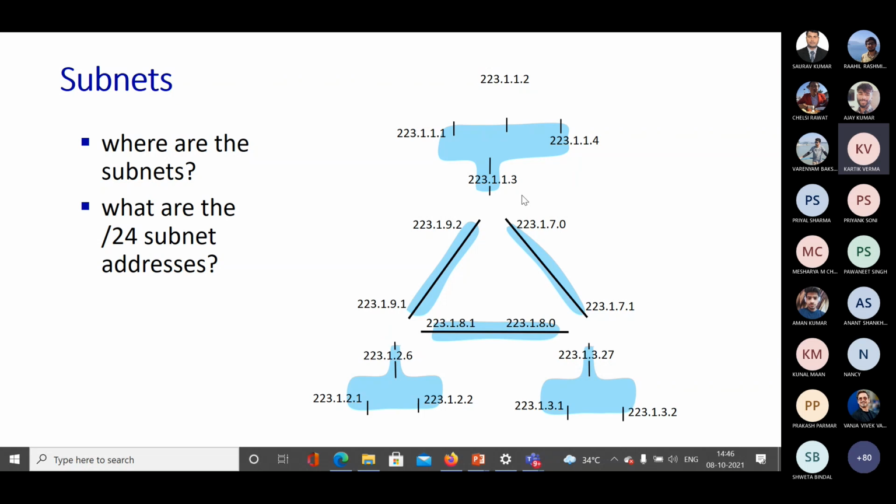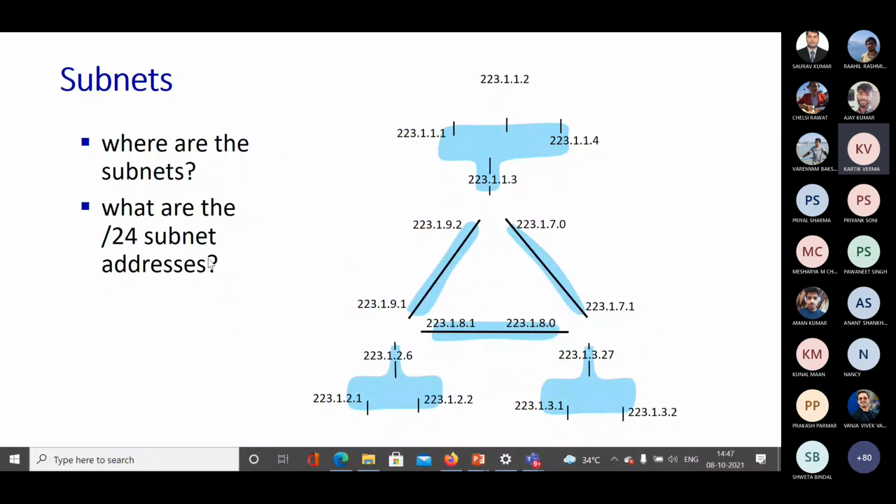Now when the subnet changes, the IP address also changes a bit. So how does it change? If you see the next subnet here, it's 223.1.9.2 and 9.1. These are interfaces in the same subnet. So they are numbered like this. Similarly for all the other subnets which are present in this figure.